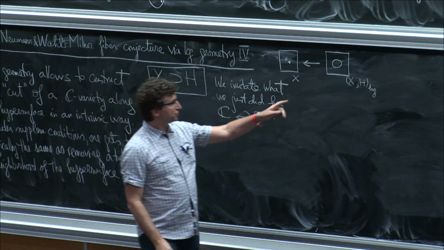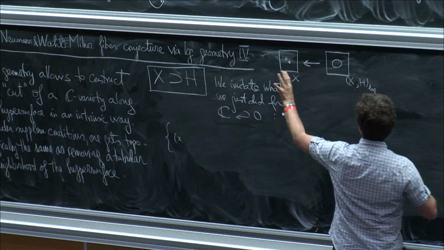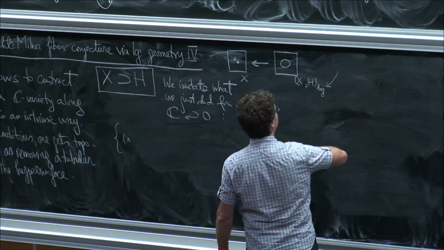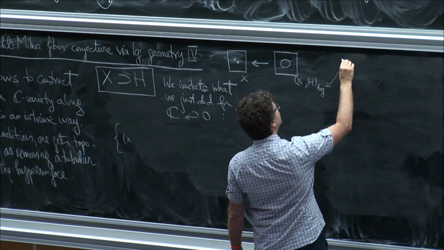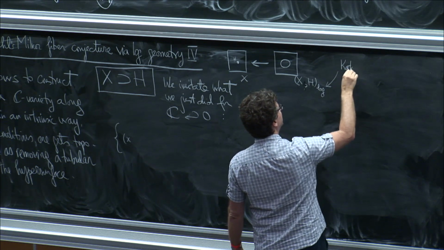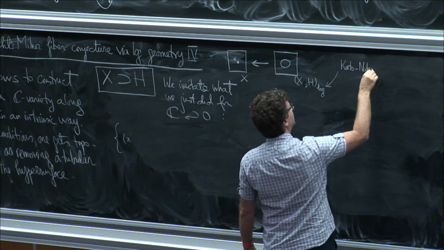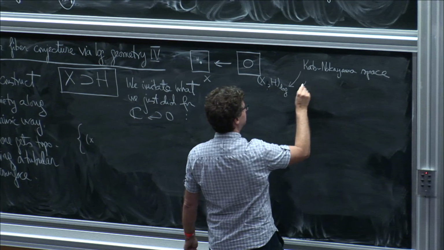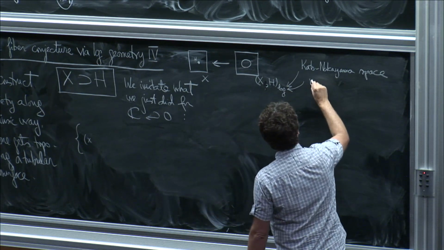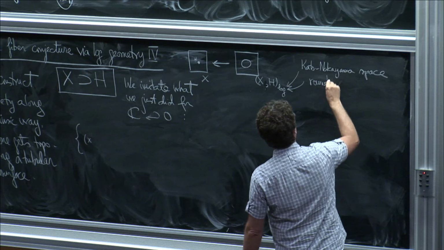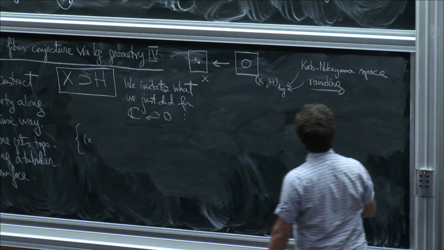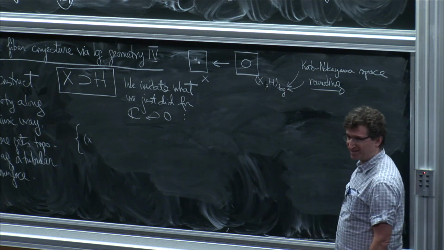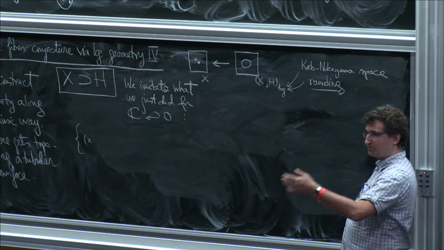In the literature of log geometry, this is called under various names. It was an operation which was introduced by Kato and Nakayama in 1999. So some people call it Kato-Nakayama space. August proposed a name which I like very much, and I will use it now, the rounding. Because you see, you created a circle where it did not exist, and you will see that it creates a lot of circles and tori.